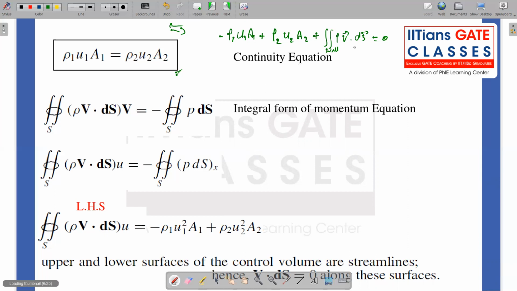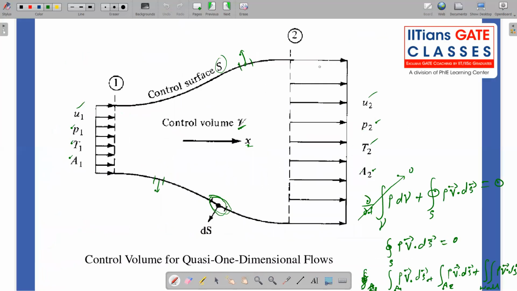And interestingly, you can see here, this wall, in our physical sense, is nothing but a streamline, right? This is one of the streamlines. So along this wall, whatever streamline you are considering, my velocity vector and my area normal vector are 90 degrees to each other, right? So along the wall, what happens?